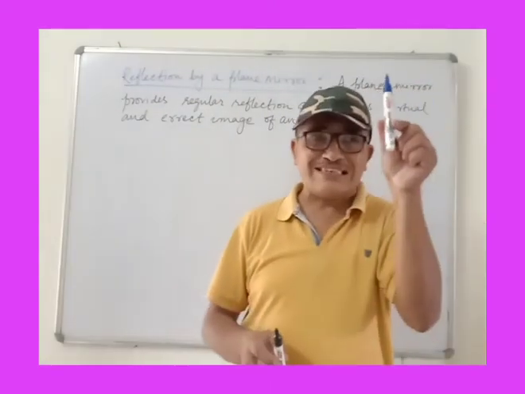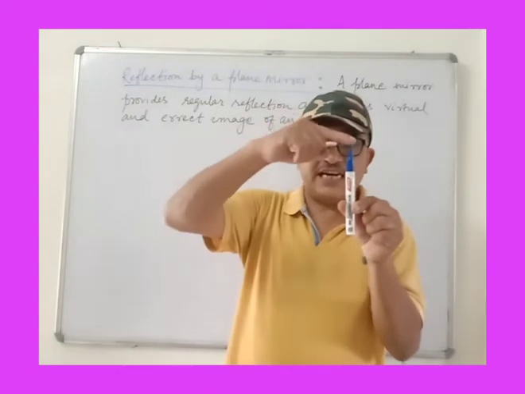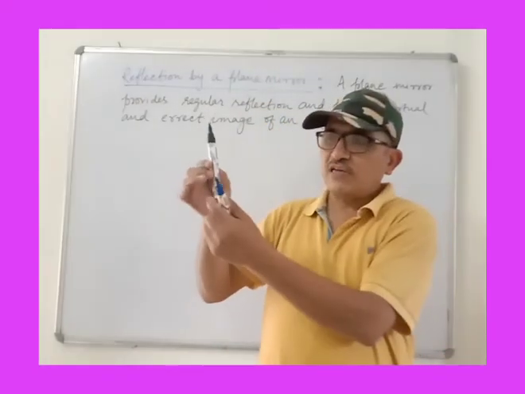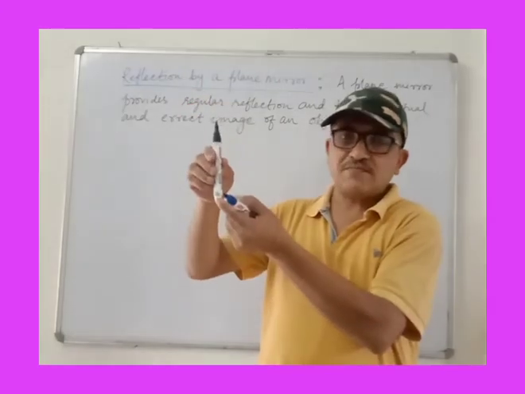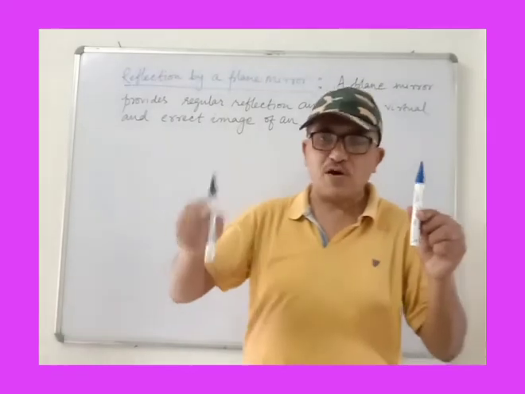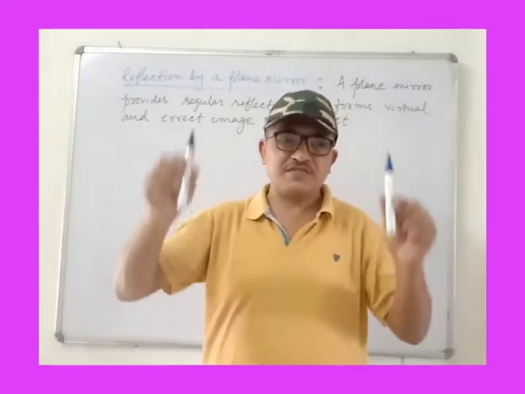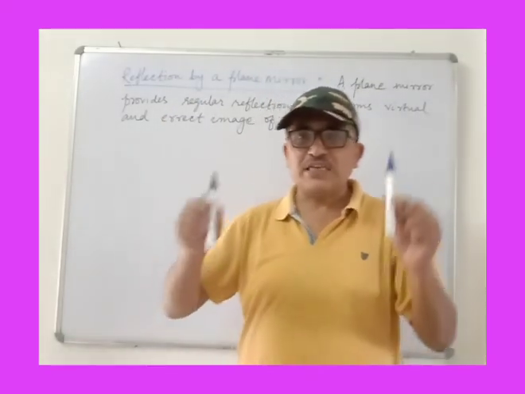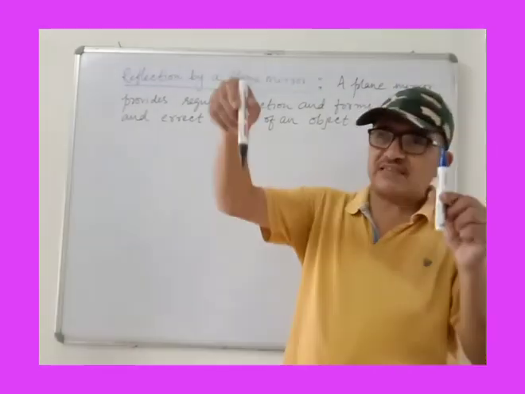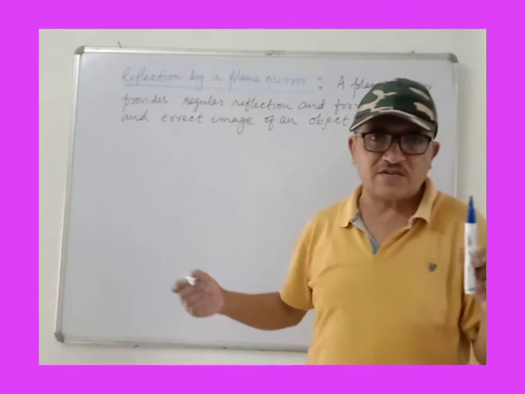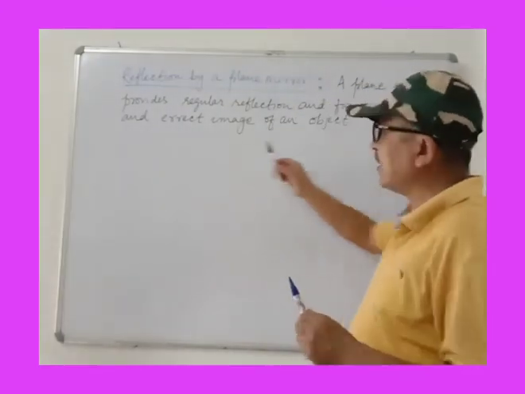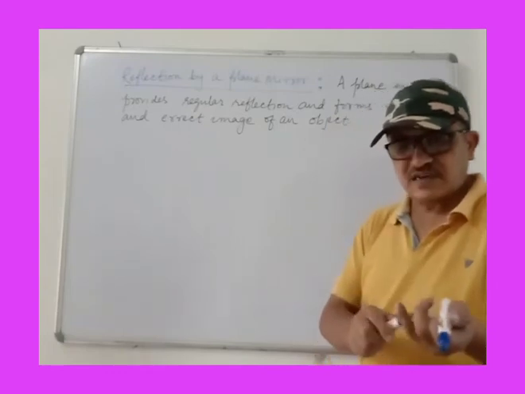But if the object is like this, this is the head, this is the tail, and in the image also, head is up and tail is down, if in this way image is formed, it is called erect image. But if it is inverted, the image will be seen like this. That I will discuss later on, not now. The plane mirror forms virtual and erect image. Clear?